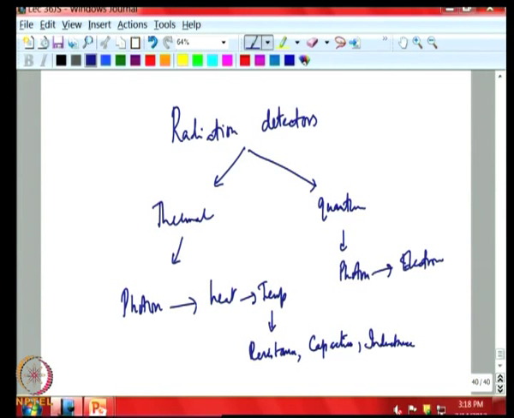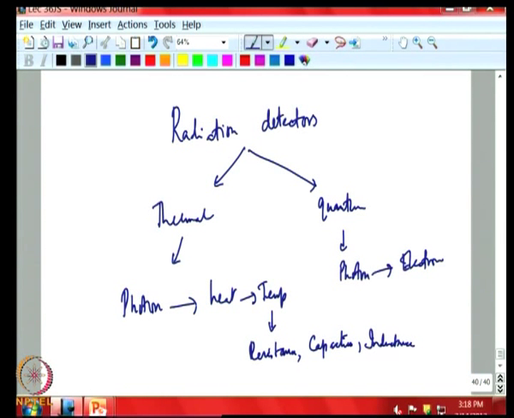So, this is a much more elegant detection method, because it can be much more accurate, because you are letting each photon induce a change in the sensor which causes one or more electrons to be released. So, this technique of course will be very sensitive, because it measures one photon at a time.